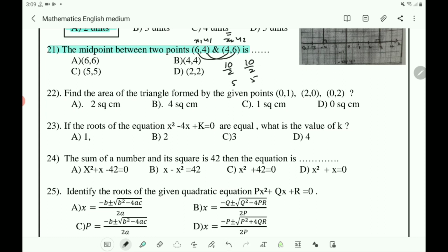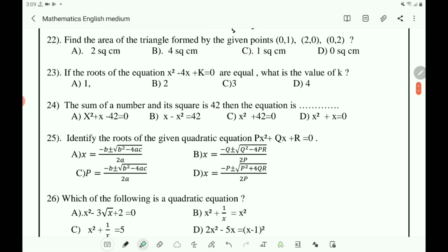So you will get 5, 5. Then what is the answer? Option C is the answer. You must know the midpoint formula: x1 plus x2 by 2, y1 plus y2 by 2. Directly you can use that formula here.